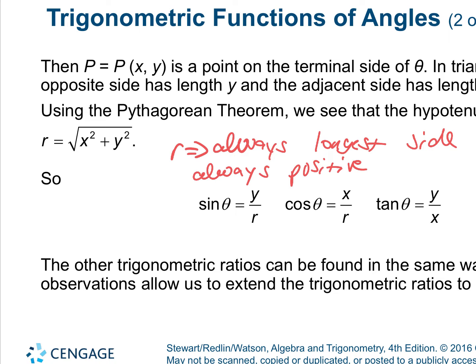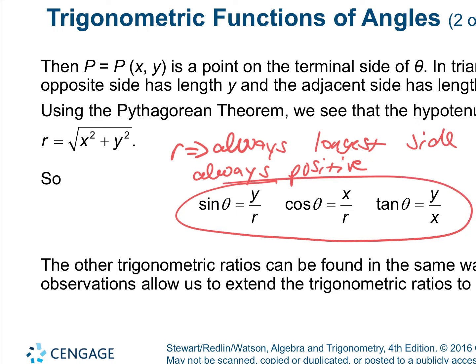Instead of saying sine is opposite over hypotenuse, we're going to say that sine is the y value over the r value. Cosine is the x value over the r value. Tangent is y over x. It's the same as opposite over hypotenuse, adjacent over hypotenuse, and opposite over adjacent. These are really important for you guys to memorize.